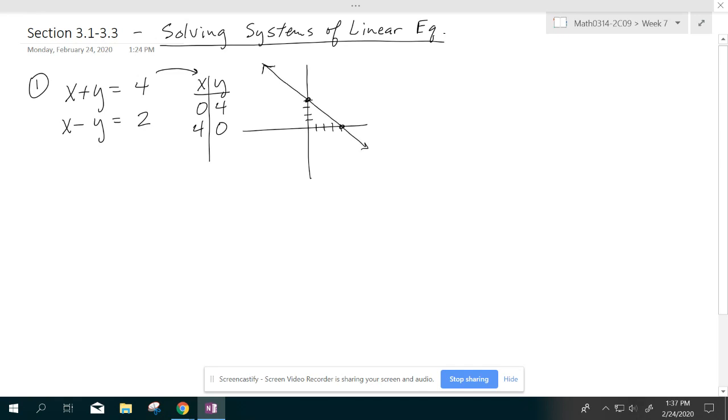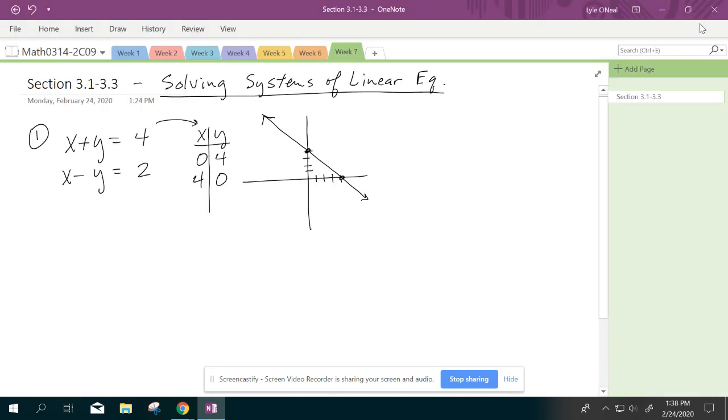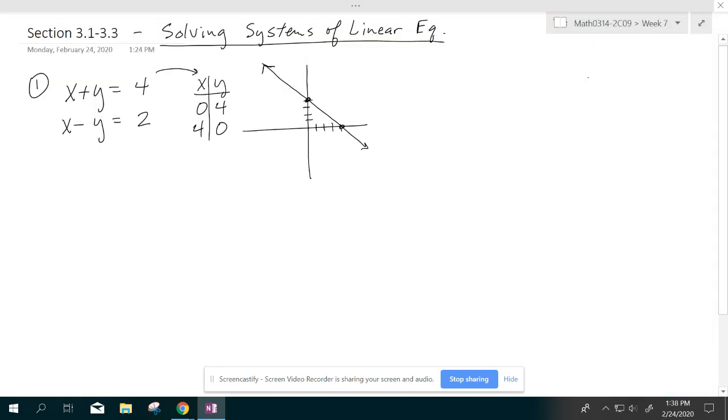All right, so there is the first equation graphed using the intercepts method. And now I'm going to graph the second equation using the intercepts method again. All right, here we go.